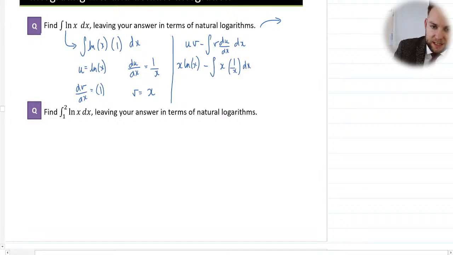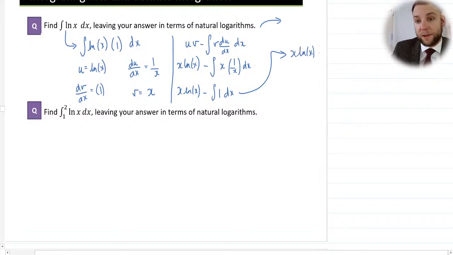So this is equal to x ln x minus the integral of 1 with respect to x. Now if I integrate 1 with respect to x, I end up with x ln x, and the integral of 1 with respect to x is plus x plus the c. Should have had plus c down here, shouldn't I? Brilliant, there you go.